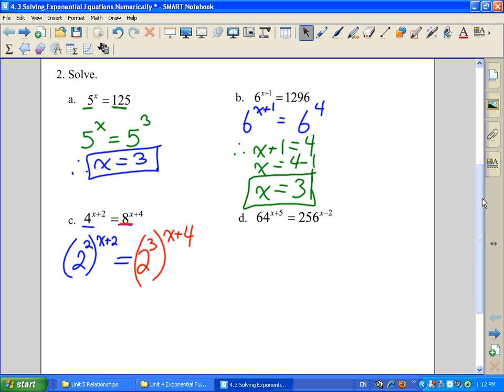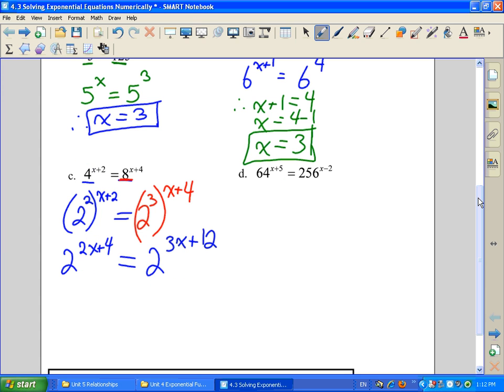Now, ladies and gentlemen, if we notice, folks, that we've got a power of a power law, so we can multiply these through. So I have 2 to the 2x plus 4, so just multiplying through using distributive law, equals 2 to the 3x plus 12. Okay, taking a look now, folks, the base is the same, so therefore our exponents need to be the same because left side equals right side.